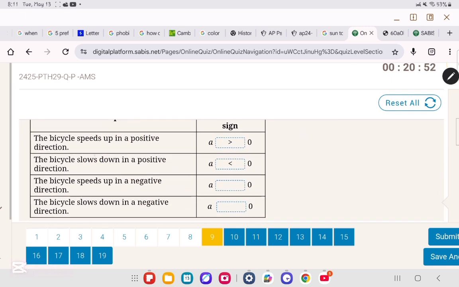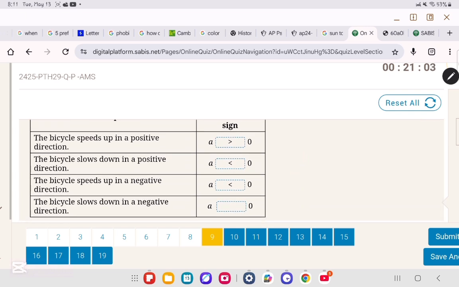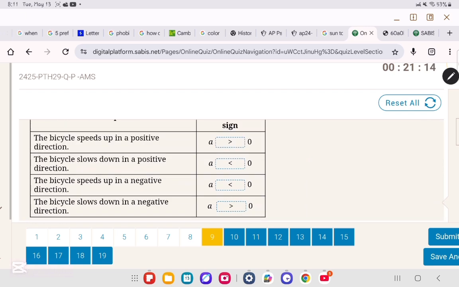However, speeds up, this is positive, in a negative direction, minus. So two opposite, positive and negative, will give us a negative value. So the acceleration is going to be negative. And then finally, it slows down in a negative direction. That means negative and negative. So negative and negative will make a positive. That means the acceleration is going to be positive. Just take it like this. Speeds up is positive.